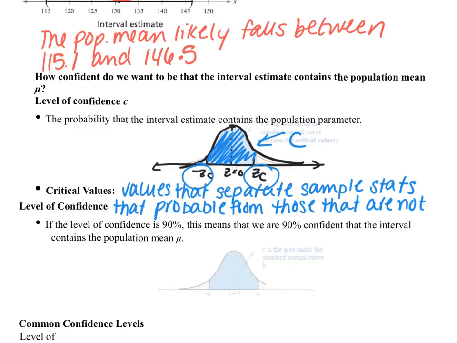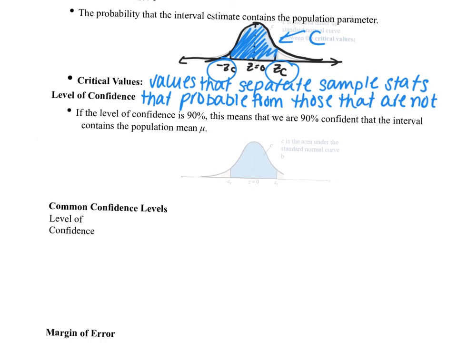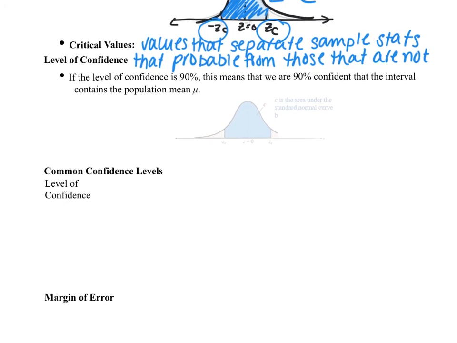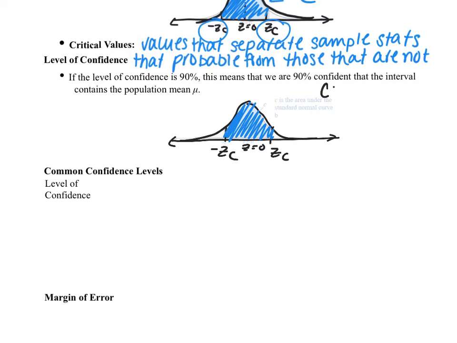So we talk a lot about confidence levels, and we use these confidence levels to come up with our confidence intervals. If the confidence level is 90%, that means that we are 90% confident that the interval contains the population mean mu. Okay, so in this diagram, C equals 0.90, which is the shaded area, because that's how confident we are.